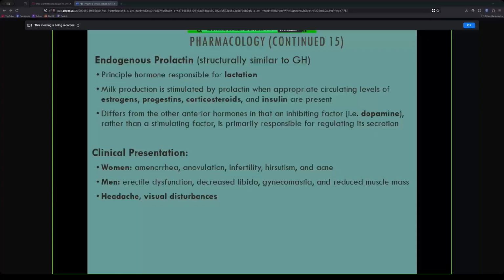So drug-induced causes are a wide cause of hyperprolactinemia. It's going to mimic a tumor because obviously it's going to antagonize your primary stimulant of inhibition, right? It's going to antagonize dopamine, those drug classes.